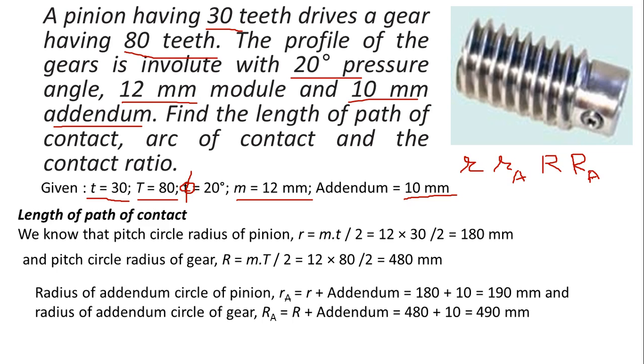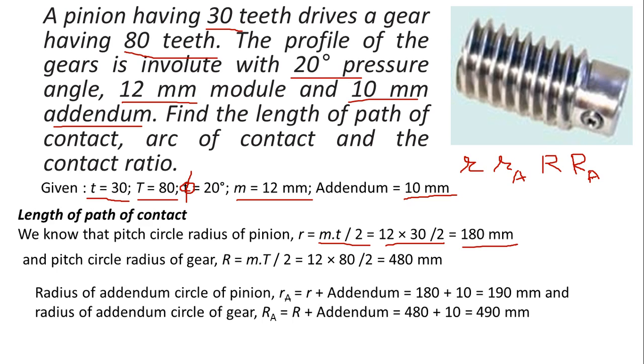So t is 30 and module is 12 mm. Substituting, 12 into 30 by 2, you get 180 mm. That is the pitch circle radius for the pinion.